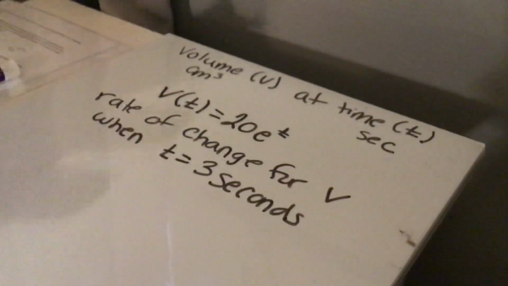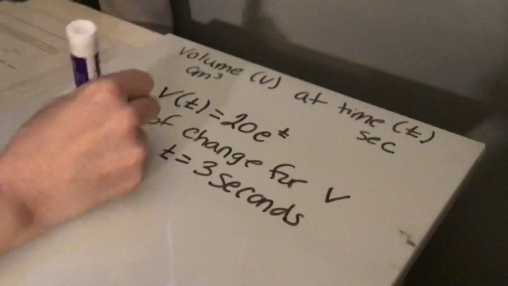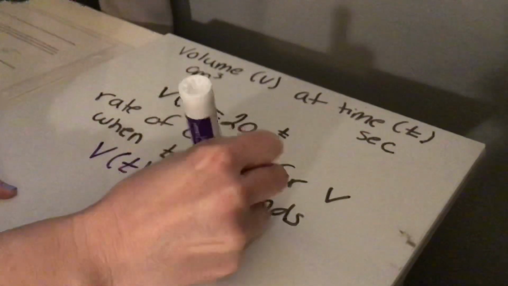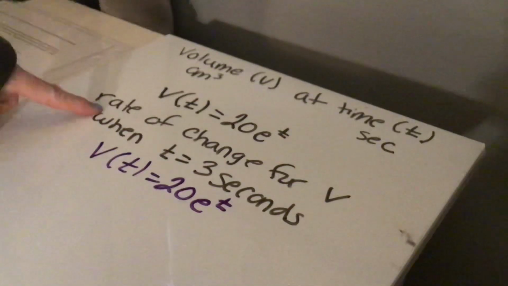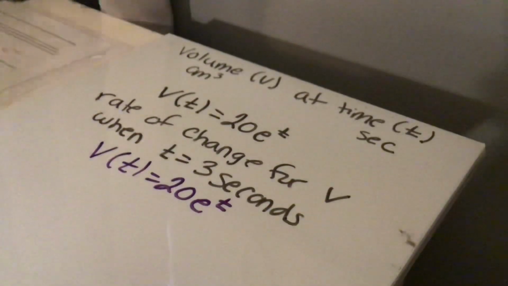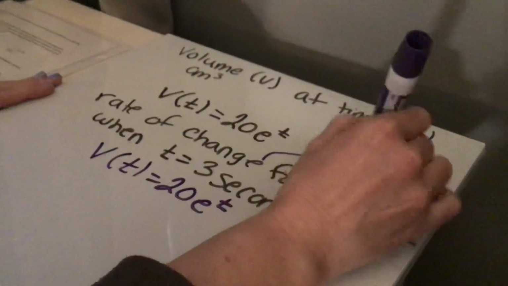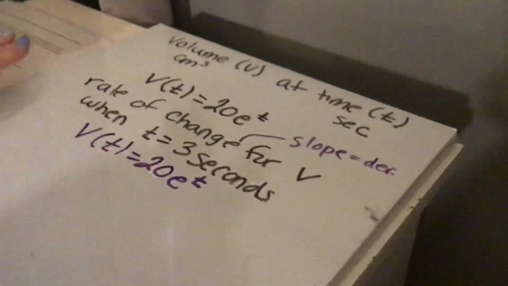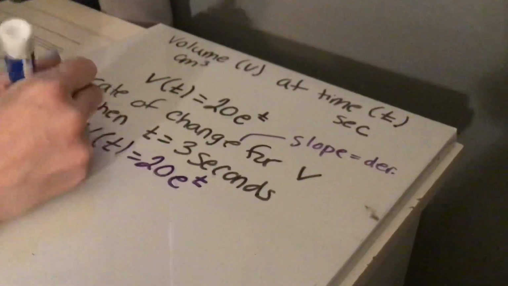Well, start with our equation. We know that the volume depends on the time, and it's going to equal 20 times e to the t power. Rate of change is a fancy way of saying slope. We know that the slope is the derivative. So we're going to find the derivative of our function, v prime of t.